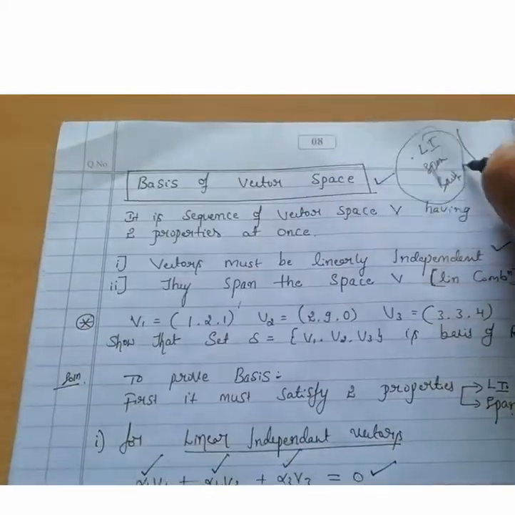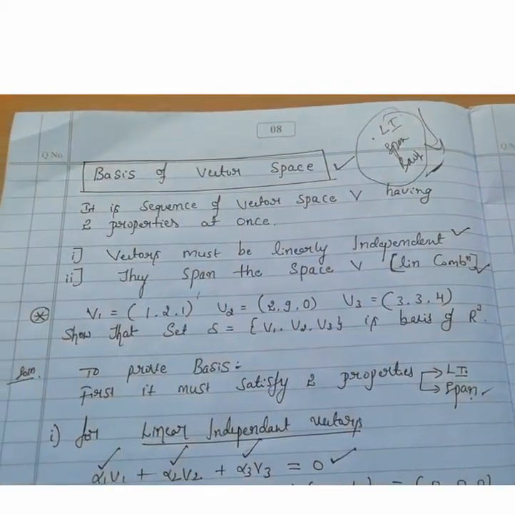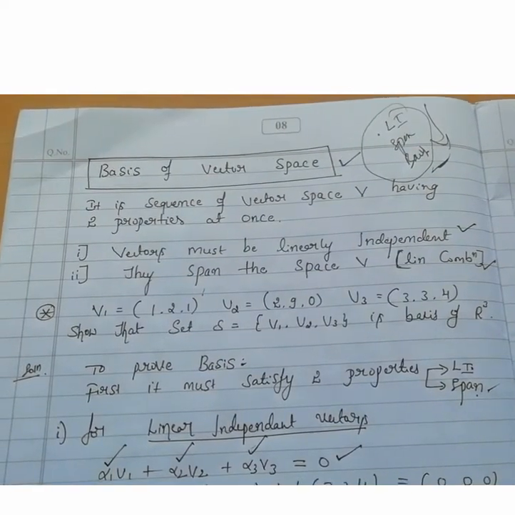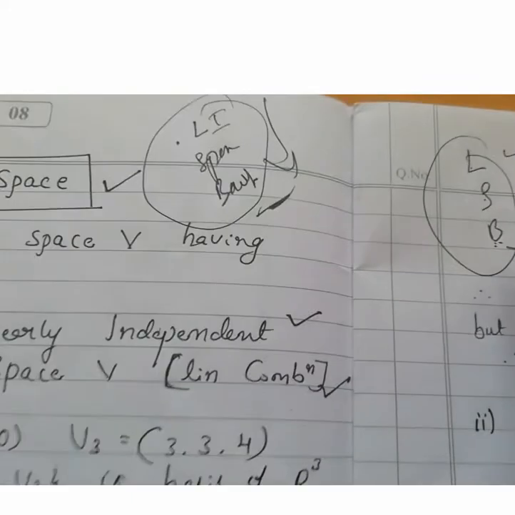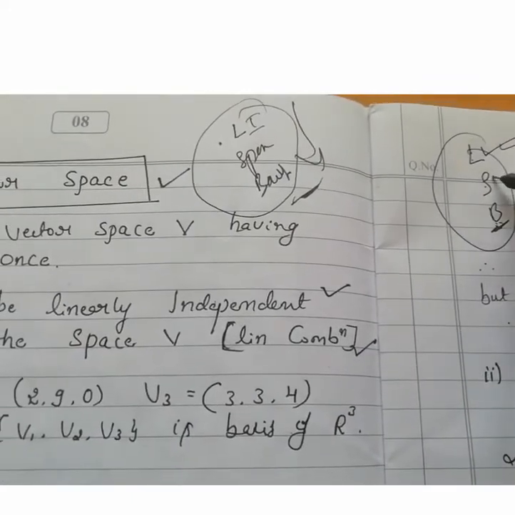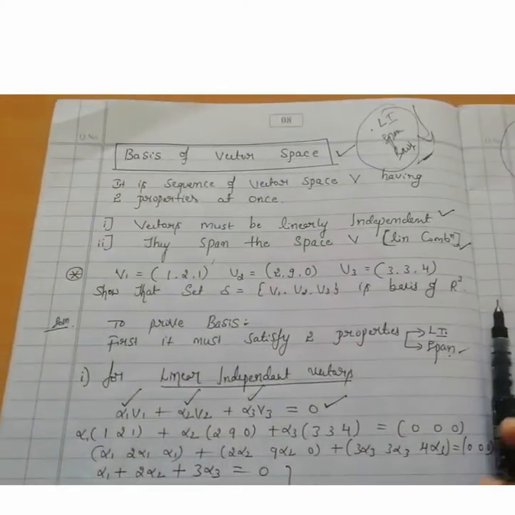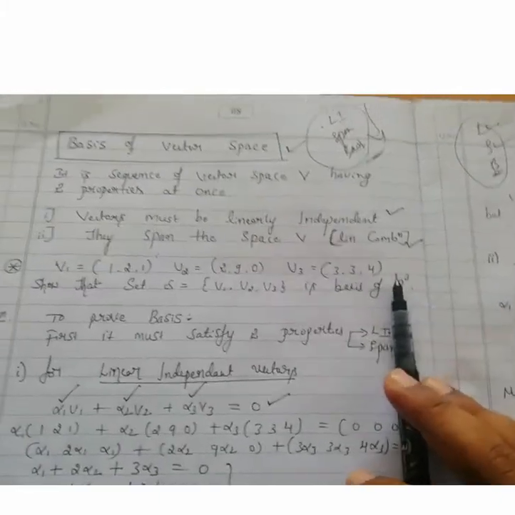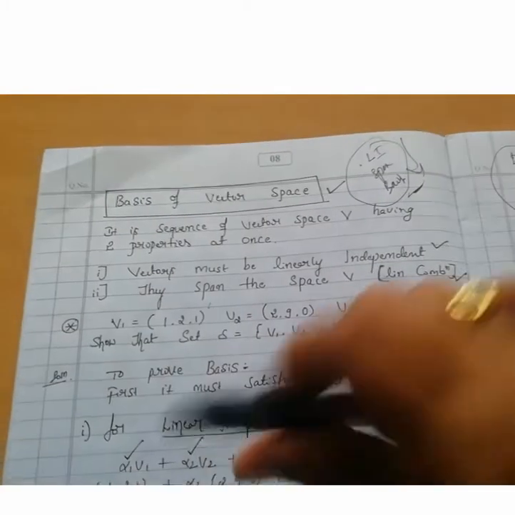These are interlinked together. Linear independence, span, and basis: LSB. You can easily remember this. If it has to be a basis, it has to pass the conditions of linear independence and spanning the vectors.